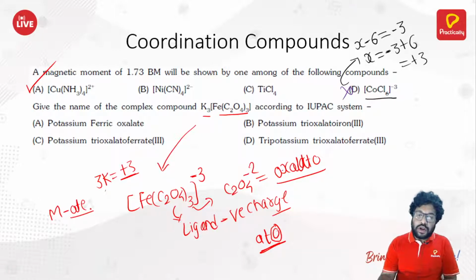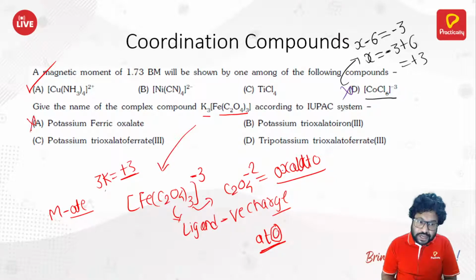That means if it's gold, it's aurate. If it's silver, Ag, it's argentate. For cobalt, Co, it's cobaltate. For iron, it's ferrate. For copper, it's cuprate. For tin, it's stannate, and so on. As far as this case is concerned, it's ferrate. So we have reached, it should be ferrate.